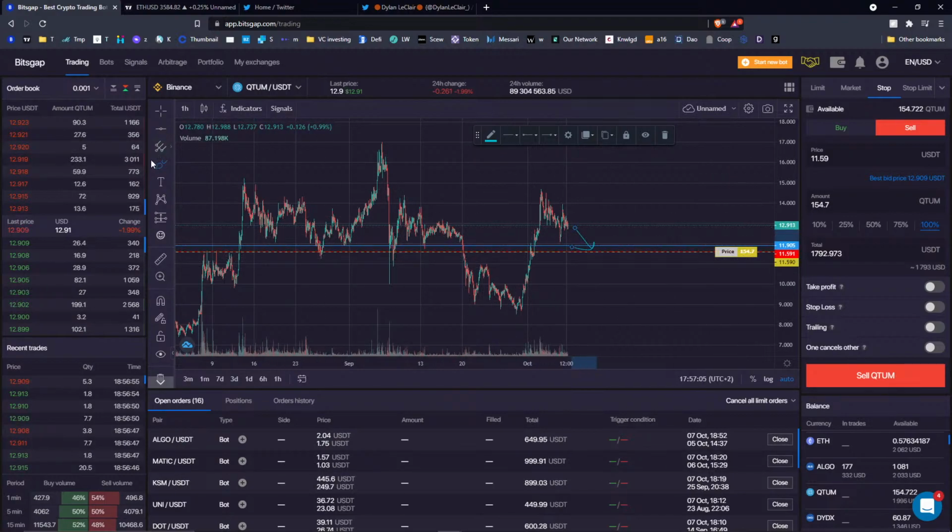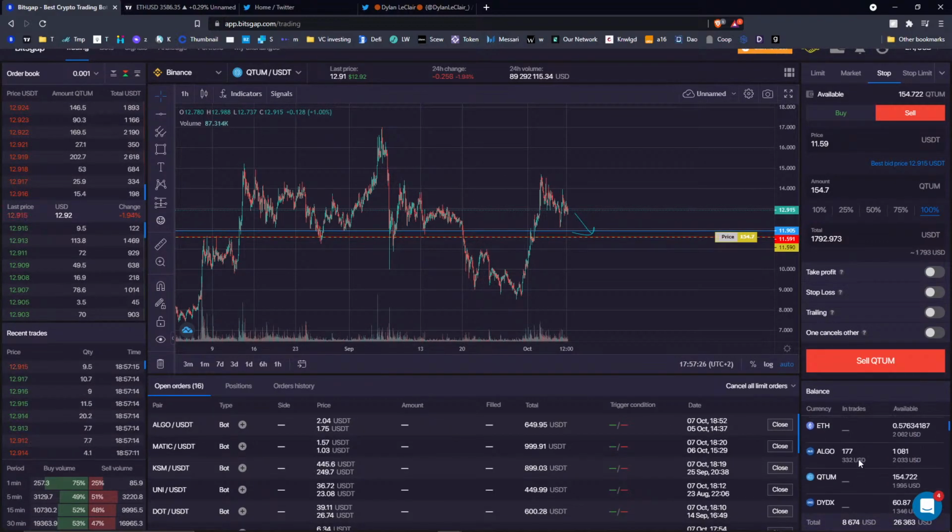So that way I'm no longer in the market and I can still enter the market back at the lower price level. I'm getting out of the market before the plunge. So that's how I would protect my otherwise unprotected coins like Quantum, for example.